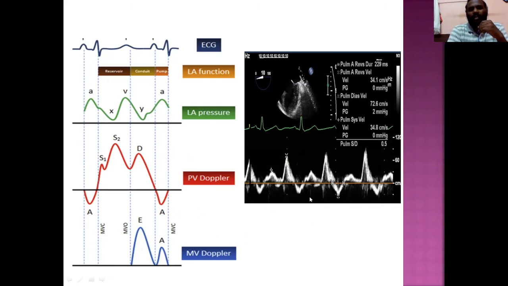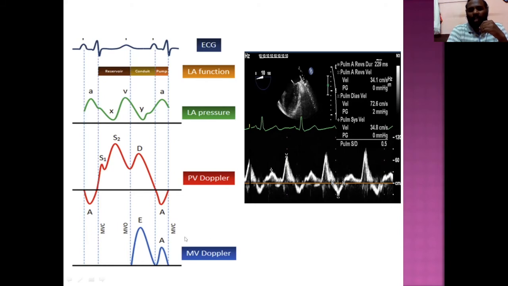One more thing to be mentioned here is the atrial reversal velocity. Say in case of advanced LV dysfunction, almost all the filling happens in the early transmitral diastolic period. Now, what happens? The LA tries very hard to push more volume into the LV. So it contracts with a higher velocity for a longer duration. But the LV is already full.